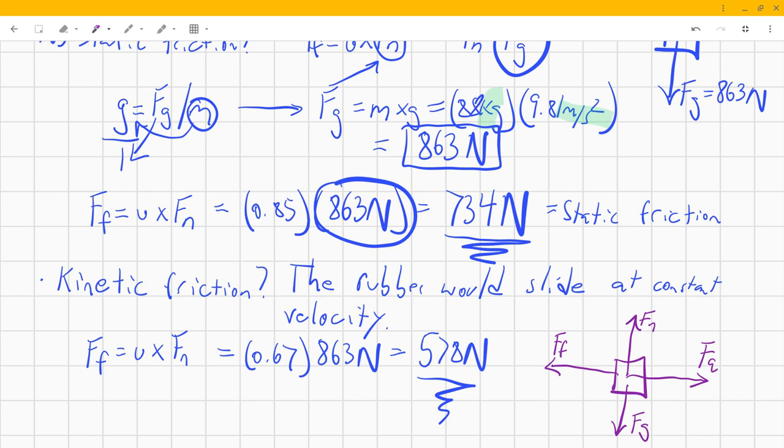So we know that the normal force and the weight are 863 newtons, 863 newtons. And if we calculated that the kinetic friction is 578 newtons, and it's moving with constant velocity, that means that all forces are balanced, which means that it must be getting pulled this way with 578 newtons.